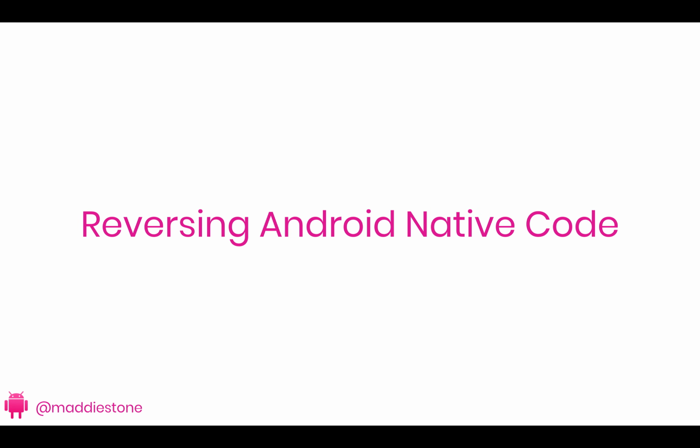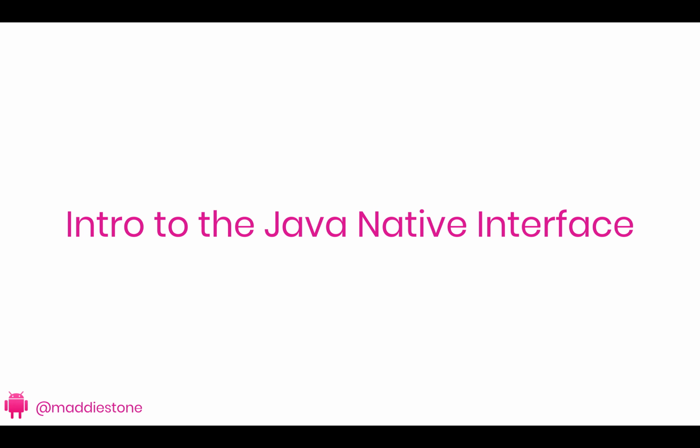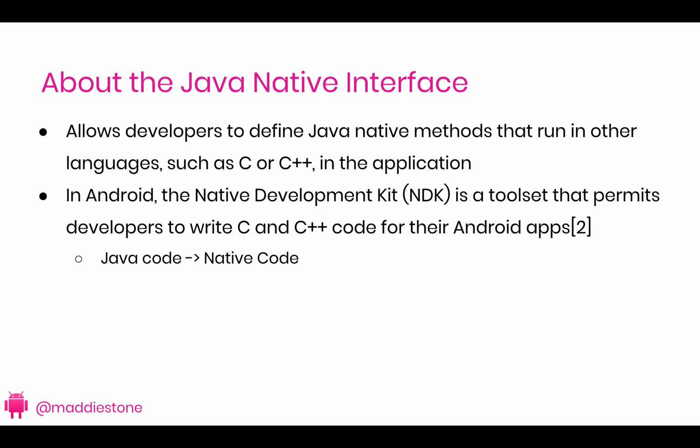As I said, part two is going to be all about reversing Android native code within applications. And so the first thing we need to understand about how native code, meaning usually C or C++, compiled down to whatever architecture the phone uses or the CPU it's running on, requires us to have an understanding of the Java Native Interface. So what is the Java Native Interface?